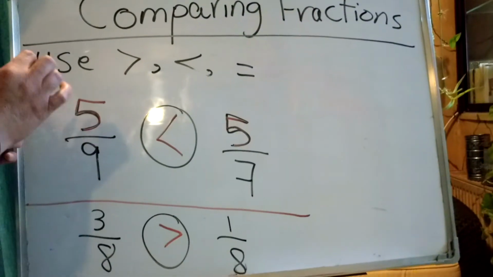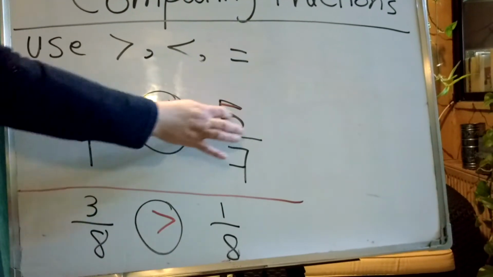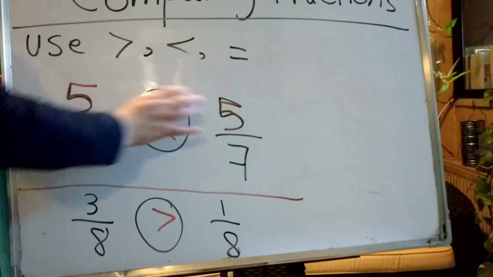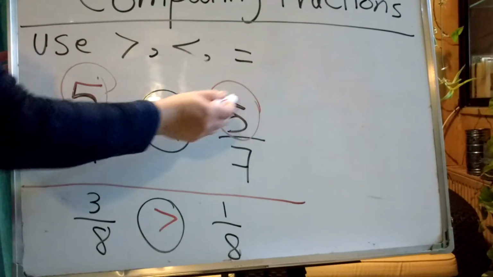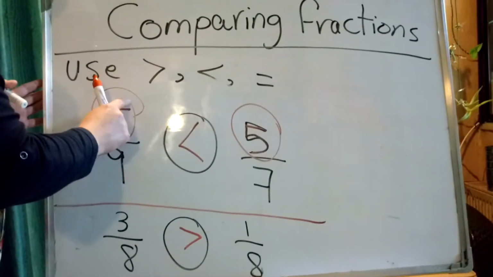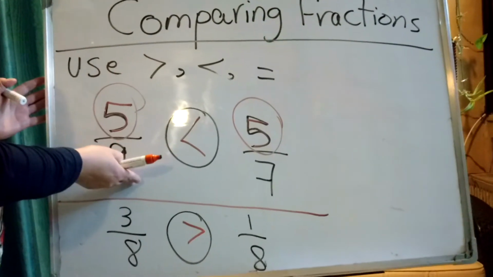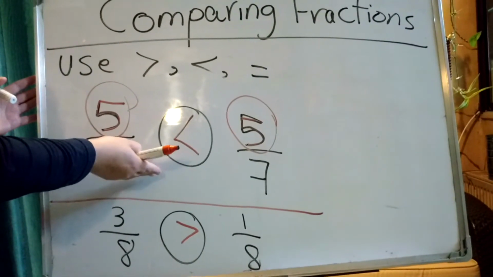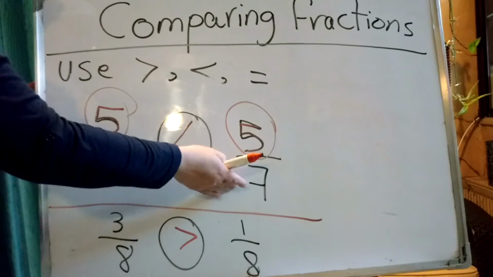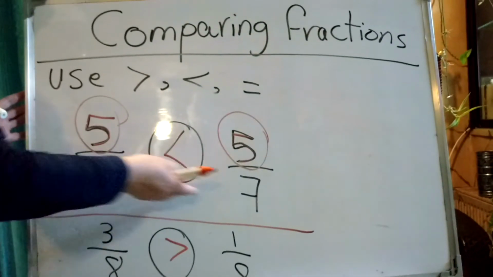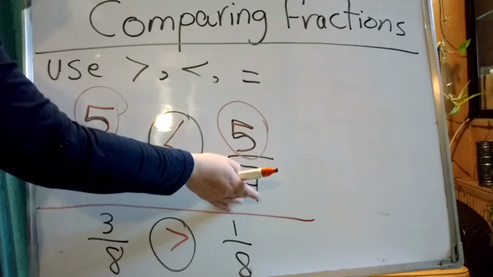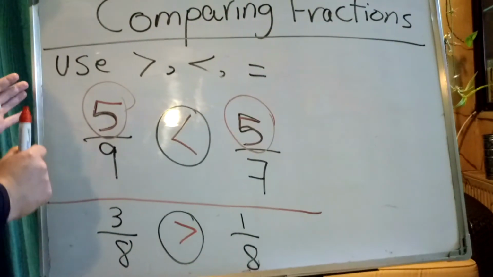Only the point is that when you have equal numerators, the number that comes at the top is the same, you go to the denominators, and the fraction with the greatest denominator is less than the fraction with the least denominator.